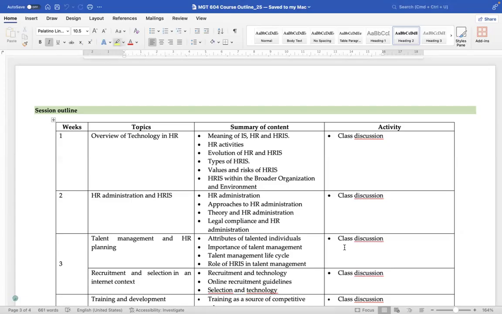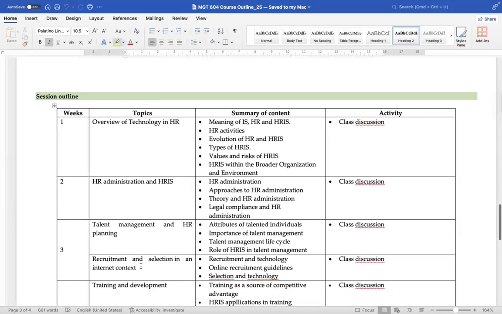Even once you bring them in, he's responsible for coming out with programs to help make sure that these staff are uplifted in terms of their talent. So we'll talk about talent management and HR planning as we move, and also the static HR function known as recruitment and selection.